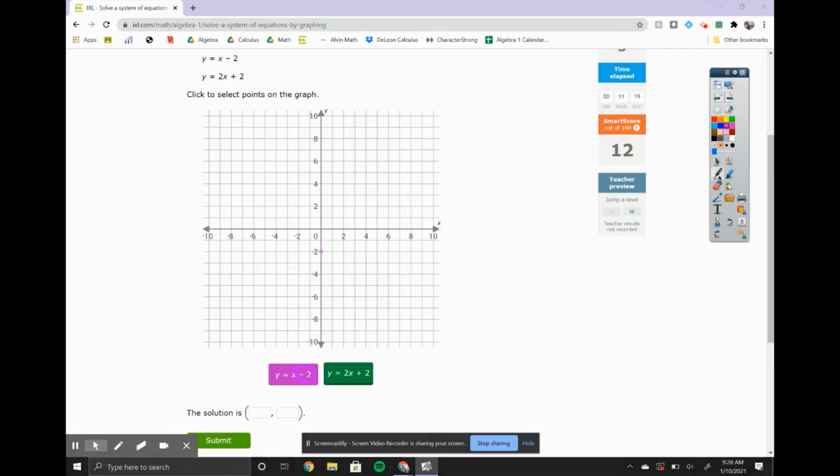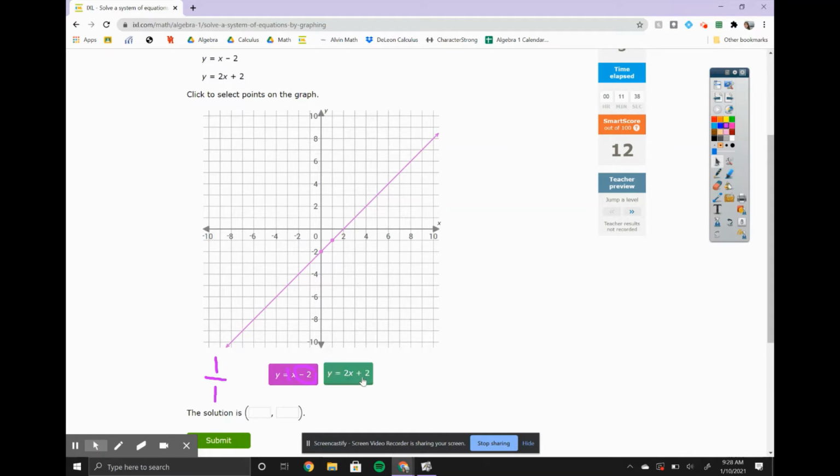Now my slope on this one again, there is no number there. So it's really a 1. Which means it's 1 over 1. So all that means I go up 1, right 1, and that is my points.